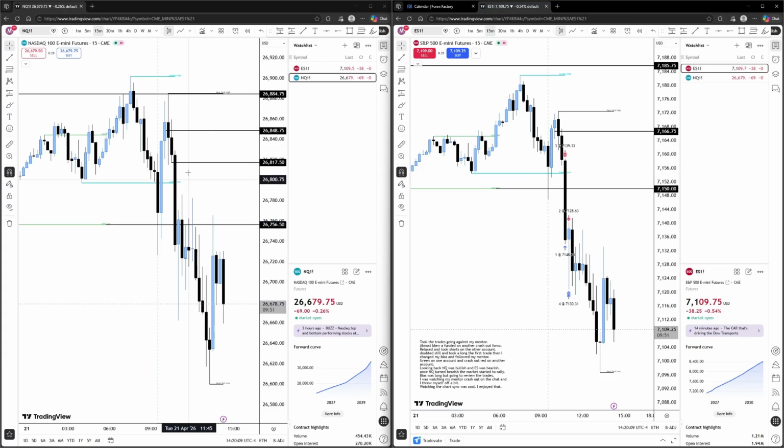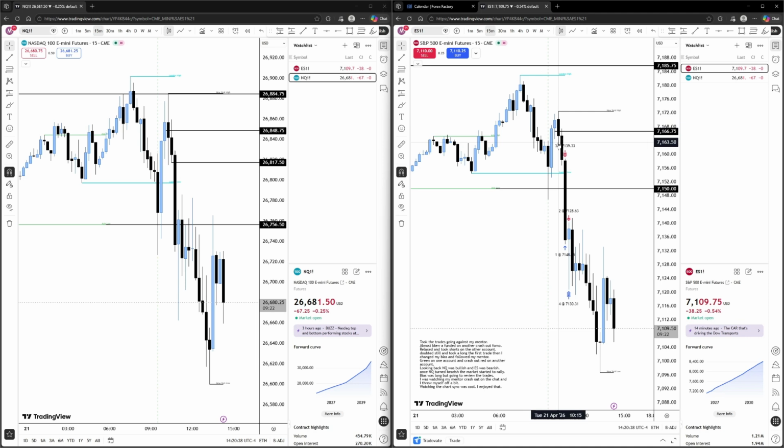So what was happening was during market open, it came up to this. Was there a fair value gap? Market open, where was there a fair value gap? This fair value gap was tested.